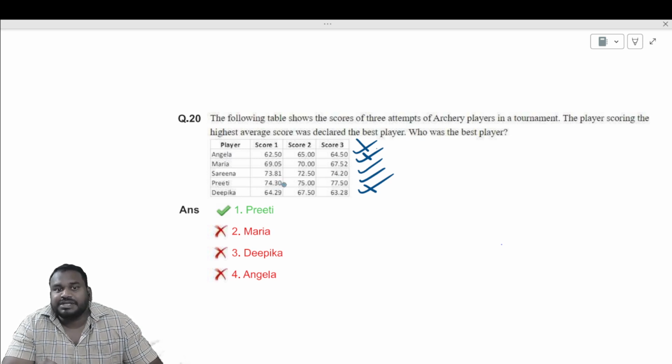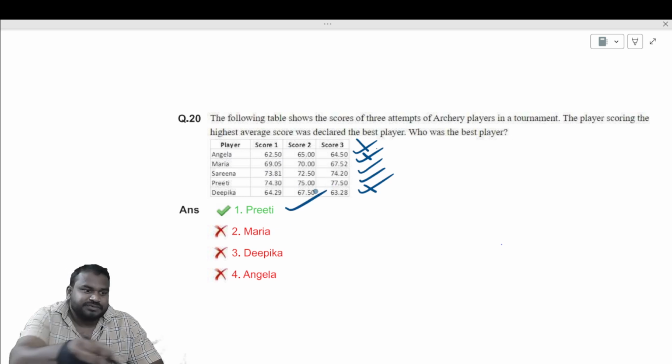Definitely, Preeti will be the winner, because the scores are more. Take the average, and obviously it will be more than 74. Not 75, you will be getting 75 plus. So 75 plus is the greatest average among all, and it is more than Serena's average also. That's why Preeti is the winner.